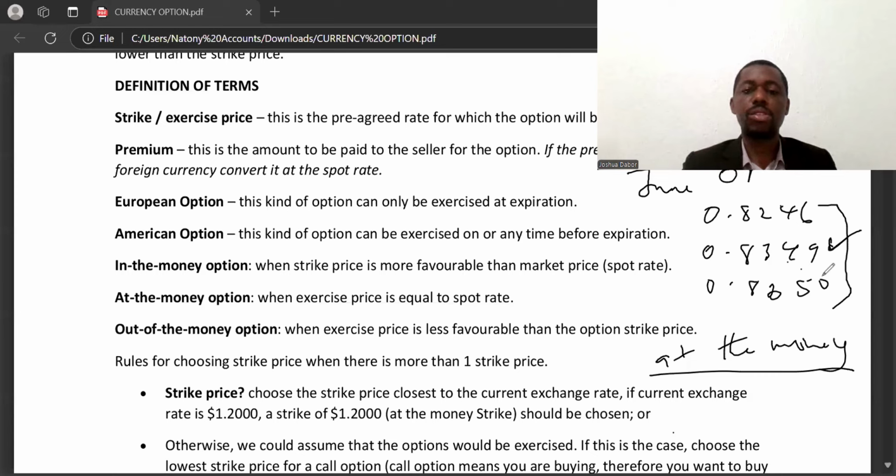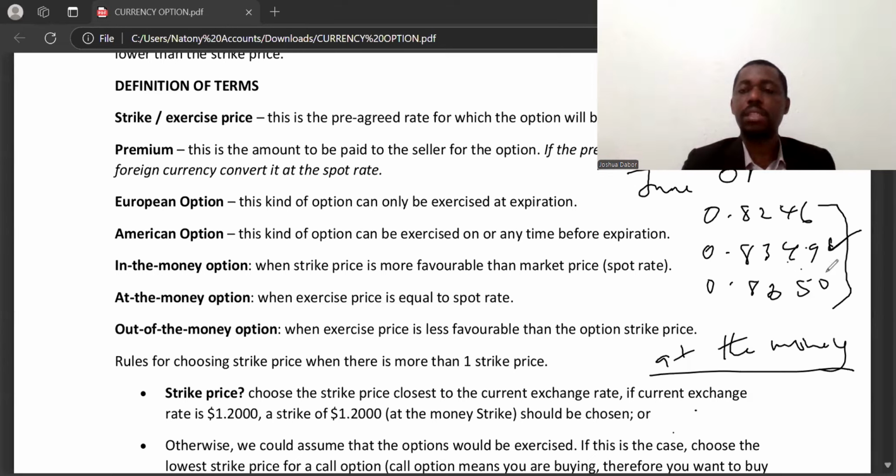So the next rule is to assume that the option will be exercised. In such a situation, you will not see a spot rate that is equal to any of the prices for the option. So maybe you will see a different spot rate like say 0.9430.